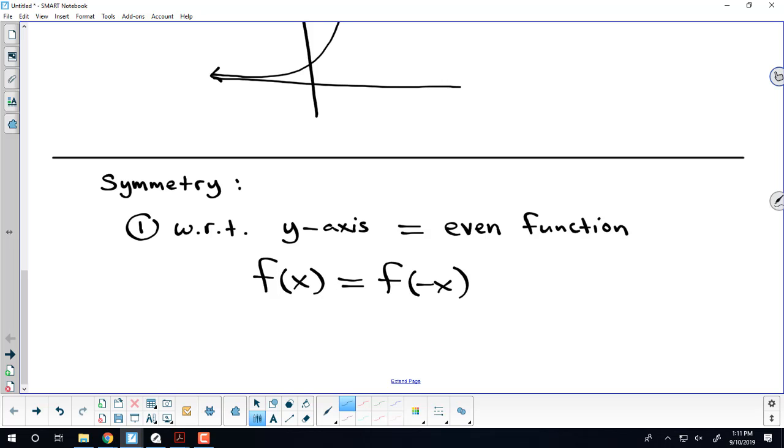In other words, if we replace all of the x values with negative x values, we're still on that function. So again, think about x squared. The point 2, 4 is here, but also the reflection across the y-axis, negative 2, 4 is here. So that's true for all of those points.